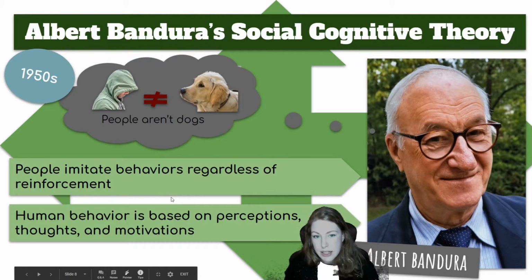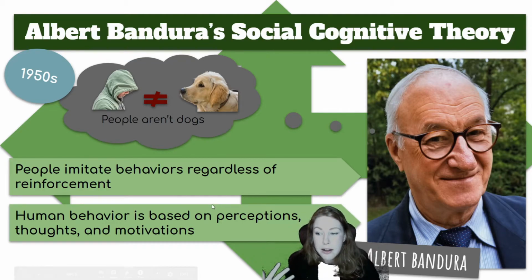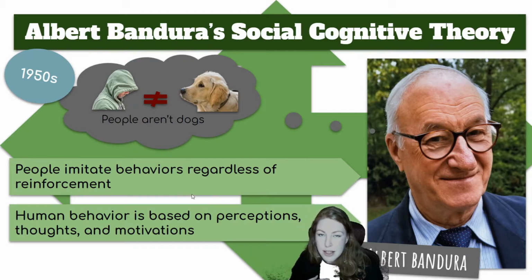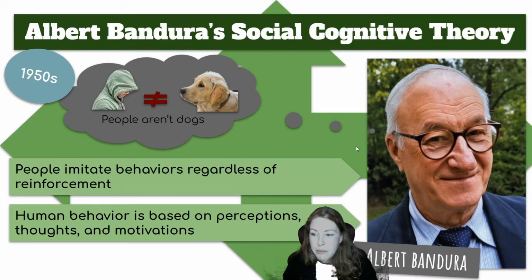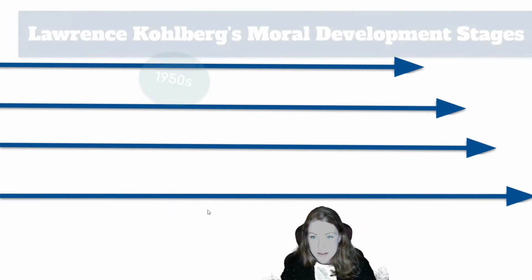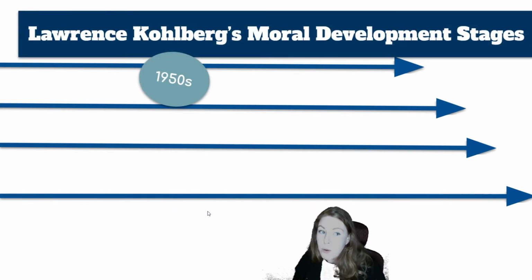Social cognitive theory, that we are aware of our behaviors and we usually present behaviors based on our own beliefs, motivations, and thoughts.